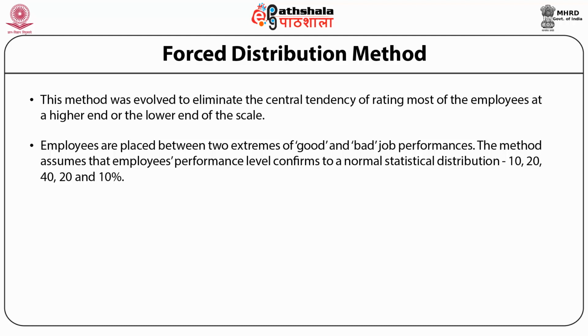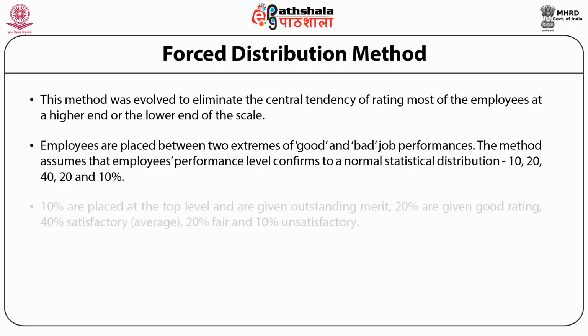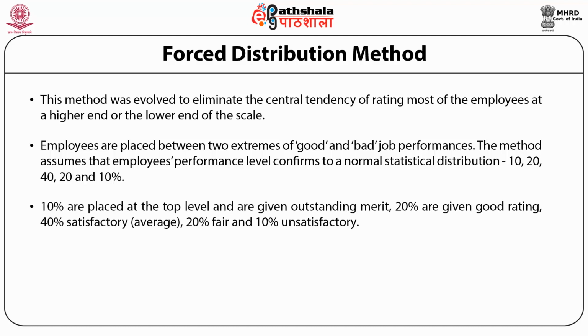The method assumes that employees' performance level conforms to a normal distribution, that is 10, 20, 40, 20 and 10%. 10% are placed at the top level and are given outstanding merit. 20% are given good rating, 40% satisfactory or average, and 20% fair and 10% unsatisfactory.